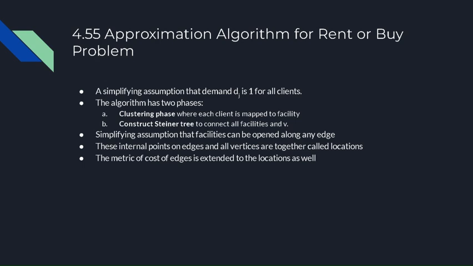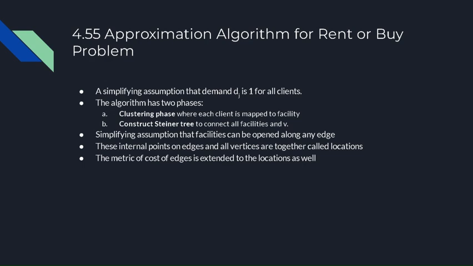One more simplifying assumption that we are making will be used while solving the problem, but after solving it, I'll also tell you that even if we remove this assumption, the solution we have obtained will still be valid. This assumption is that facilities can be opened anywhere along an edge.